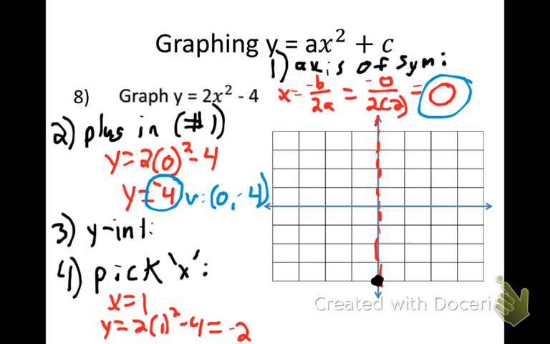So I get the point 1, negative 2. And once I plot that one, I always need to do the reflection, or the opposite over there.